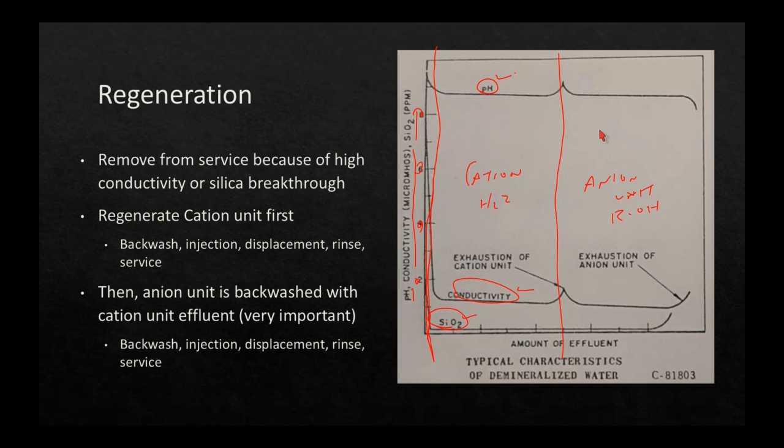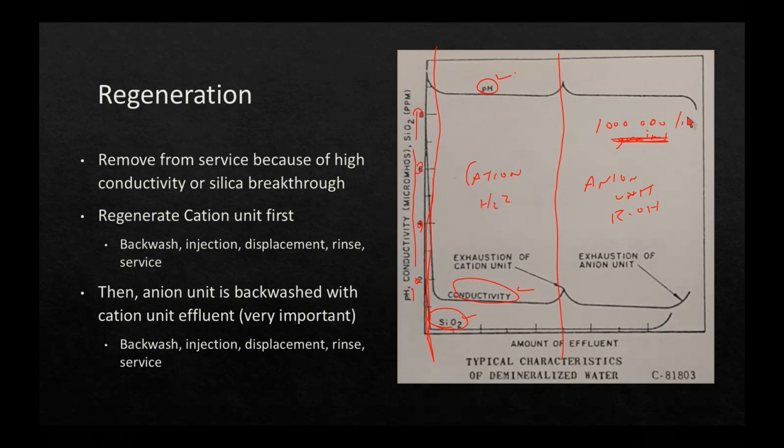So let's say that the anion unit is good for 1 million grains, that's an old term, it just comes to mind. Just units, okay? A million units of hardness, if you will. Or let's say a million gallons. Maybe that's a better way.